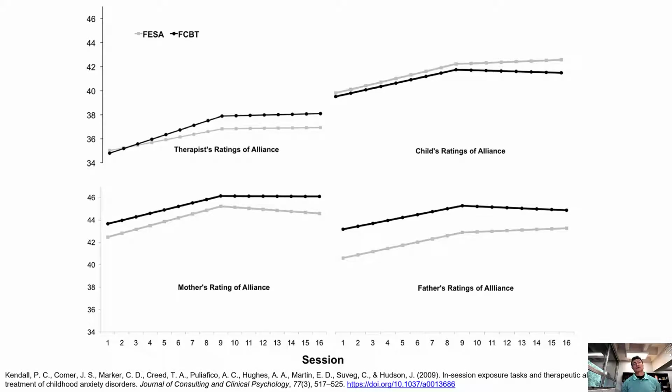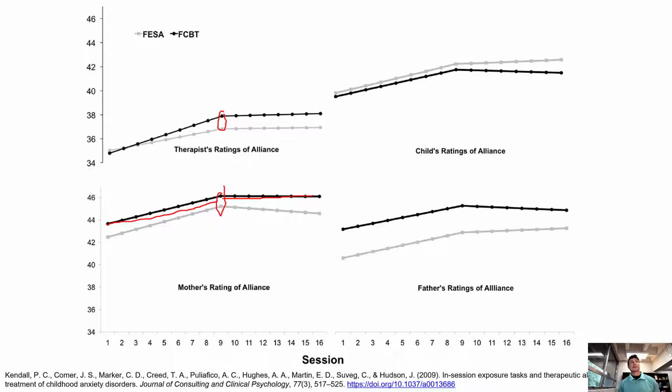And so we wanted to test this. Do we see a different pattern of change when exposures are brought on? Because this is a structured type of treatment, we knew that exposures are brought on right in the middle part of therapy. So we set up a different type of curve. We allowed for alliance to change differently at the beginning of therapy and again once exposure started.